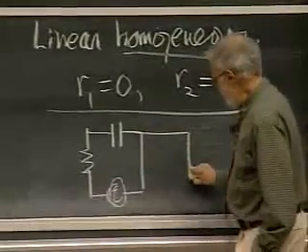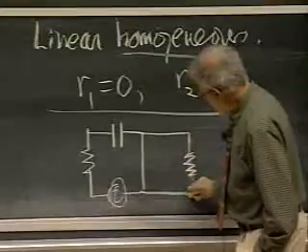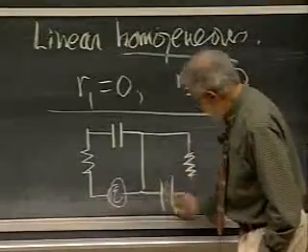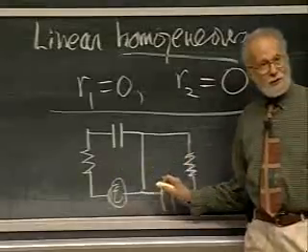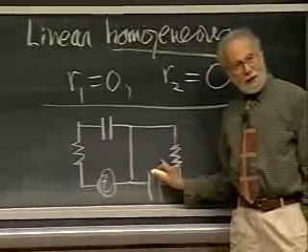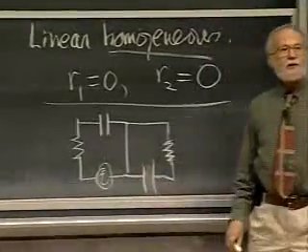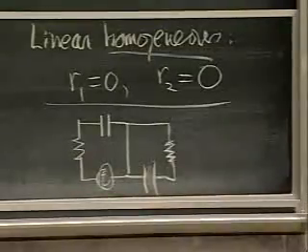But suppose it's a 2-loop circuit. Now I need a pair of equations. Each of these loops gives a first order differential equation, but they have to be solved simultaneously to find the current or the charges on the condensers.